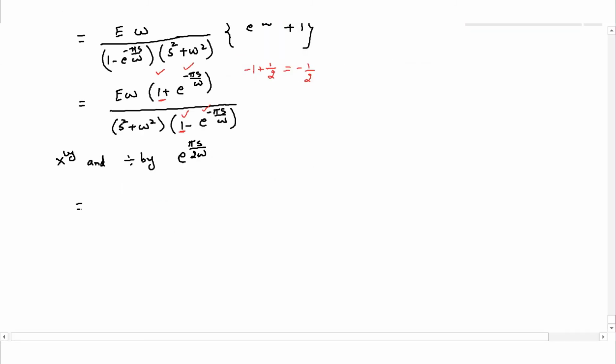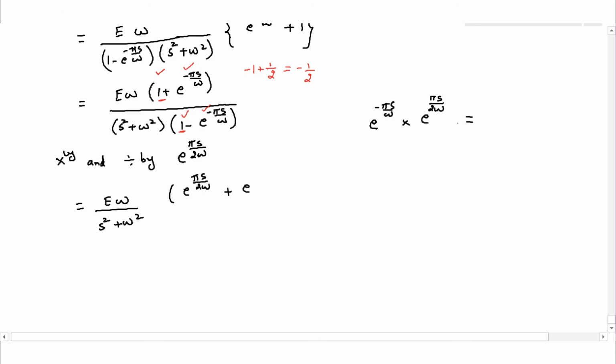So that will be equal to e omega by s square plus omega square, which will remain as it is. Now let's multiply by e power of pi s by 2 omega. In the numerator, I'll be getting e power of pi s by 2 omega plus e power of, as I told you, you have minus 1 over here. If you want, I'll show it here. It is e power of minus pi s by omega, the second term in the numerator. You are multiplying that by e power of pi s by 2 omega.